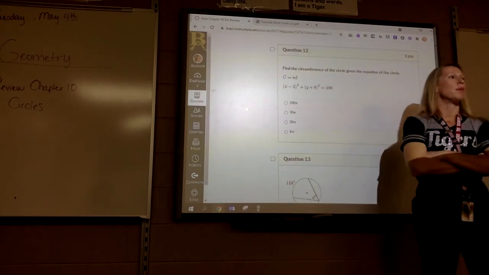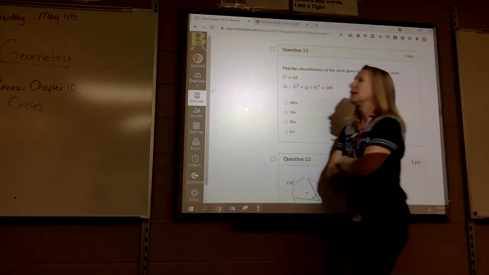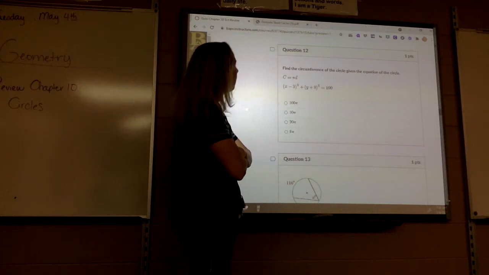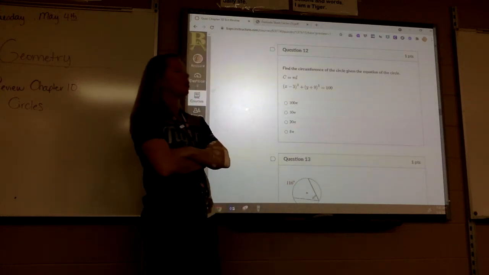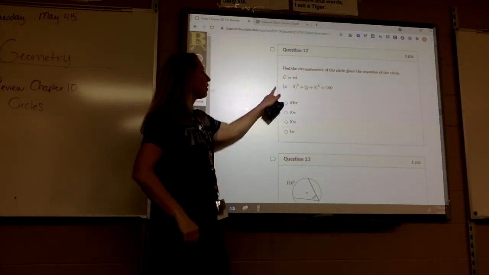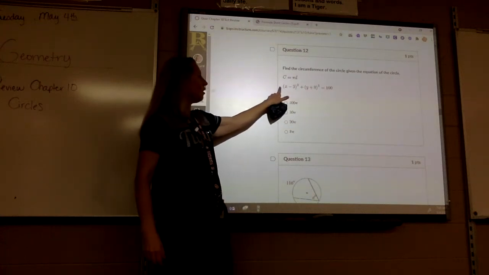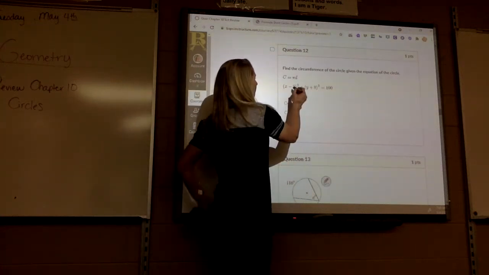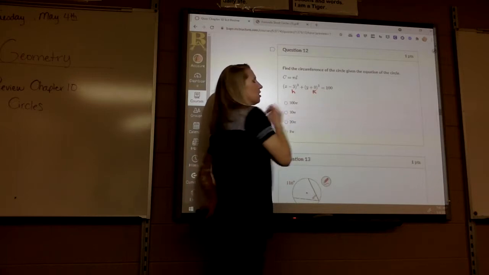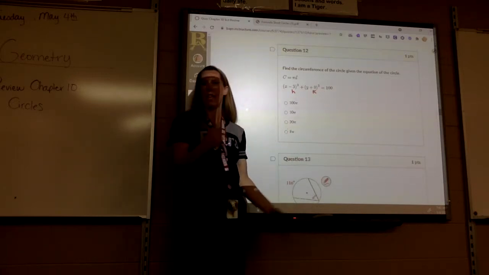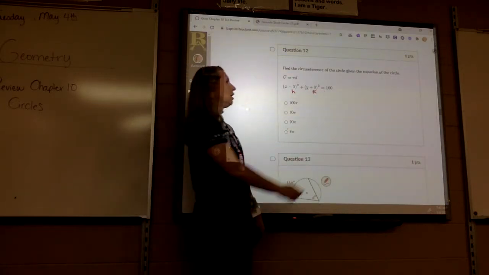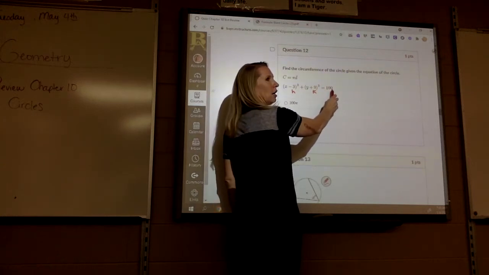So you will have one problem like this on the test. It says, find the circumference of the circle given the equation of the circle. So this is the equation of the circle, and I know that H and K are the center of my circle, but I can't really use that to find the circumference. But what is this over here?